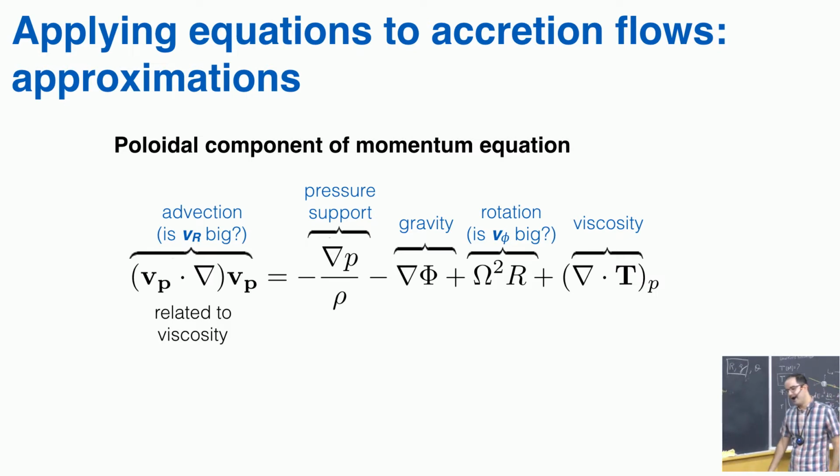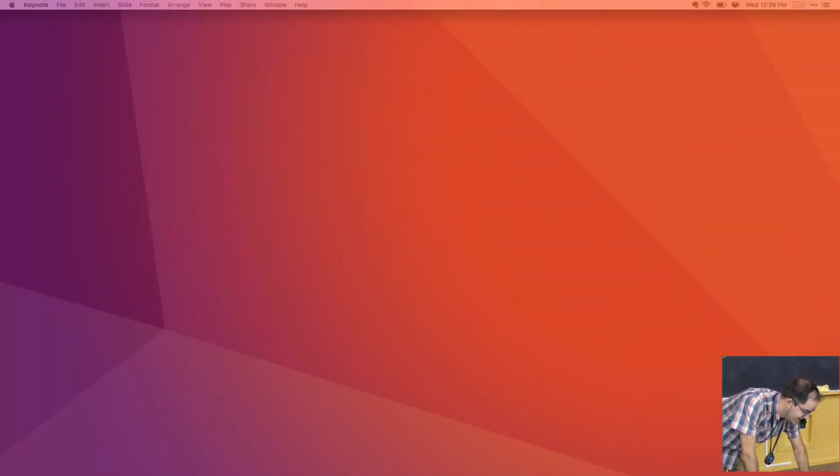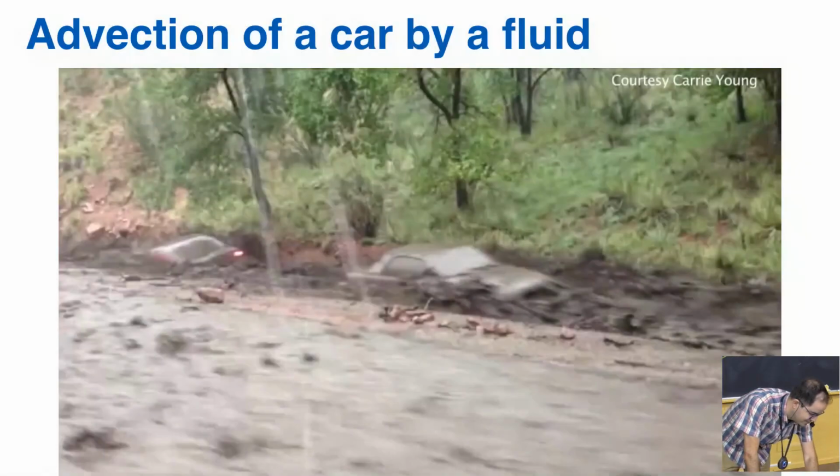Imagine that we had a car here. The car is the quantity, and there was a flow passing through this lecture room. And imagine the car was transported with the flow. We can say that the car is advected with the flow. Here is an example of what I'm talking about.